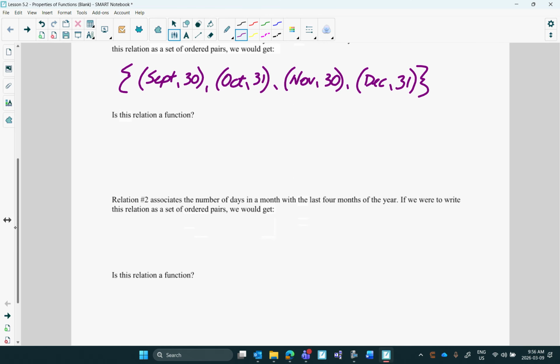But the other thing I want to know, is this relation a function? Yes. Why? Each month only appears once. Remember what I said about a function? Domain elements, values, or words never repeat. Does September, do any of the months repeat? No. So, it is a function.